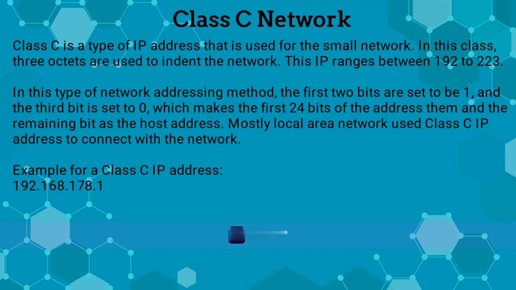In this type of network addressing method, the first two bits are set to 1 and the third bit is set to 0, which makes the first 24 bits of the address the network address and the remaining bits the host address. Mostly local area networks use Class C IP addresses to connect to the network.